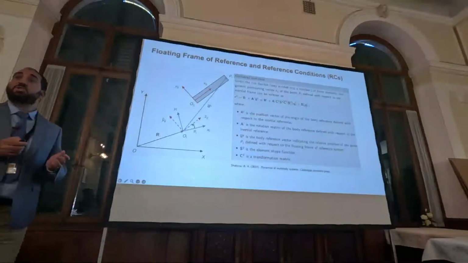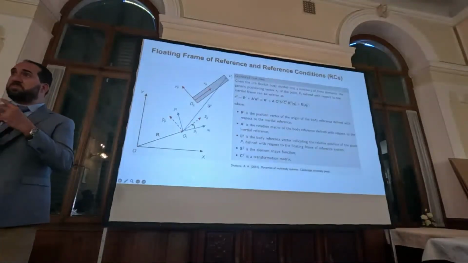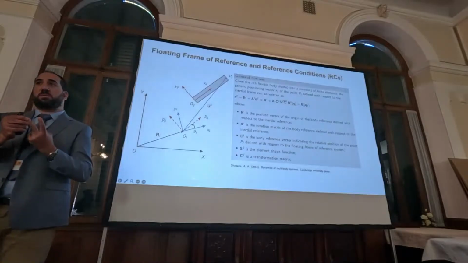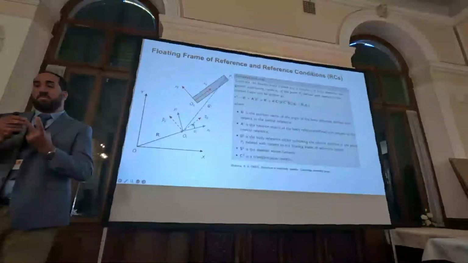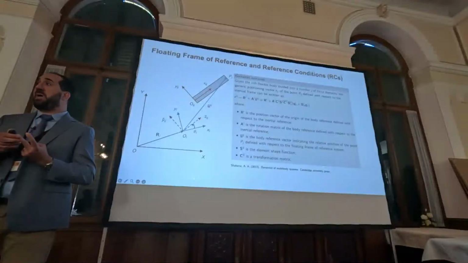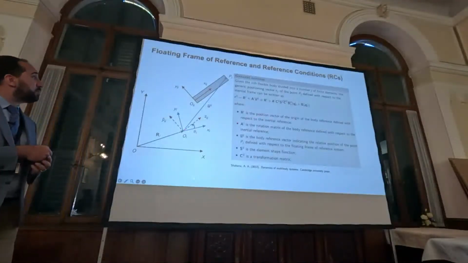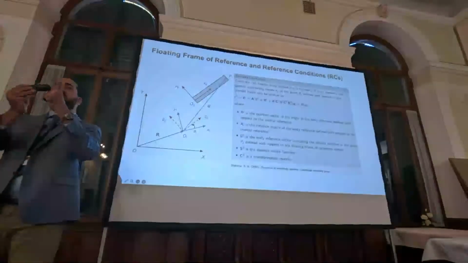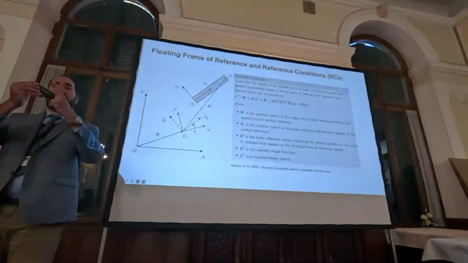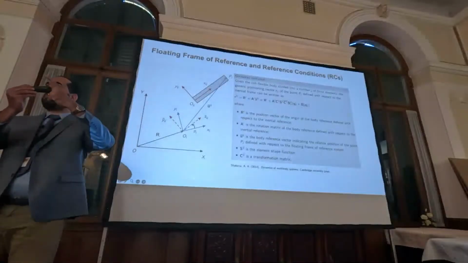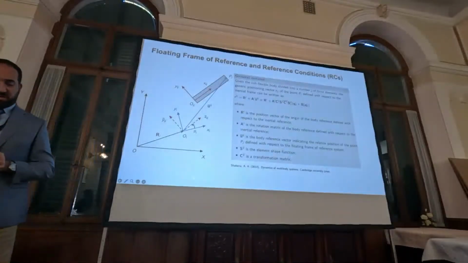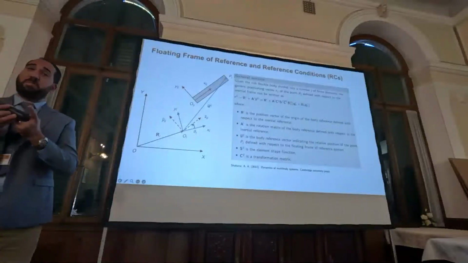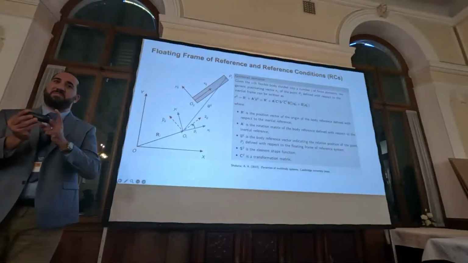What happens? In general, these two motions, the gross motion and the elastic motion, are not decoupled, but it depends on the choice that you make when you define your floating frame. Floating means that the body can move and the frame can oscillate with respect to the body. Only if you choose, for example, a fixed condition does the floating frame become a fixed frame.